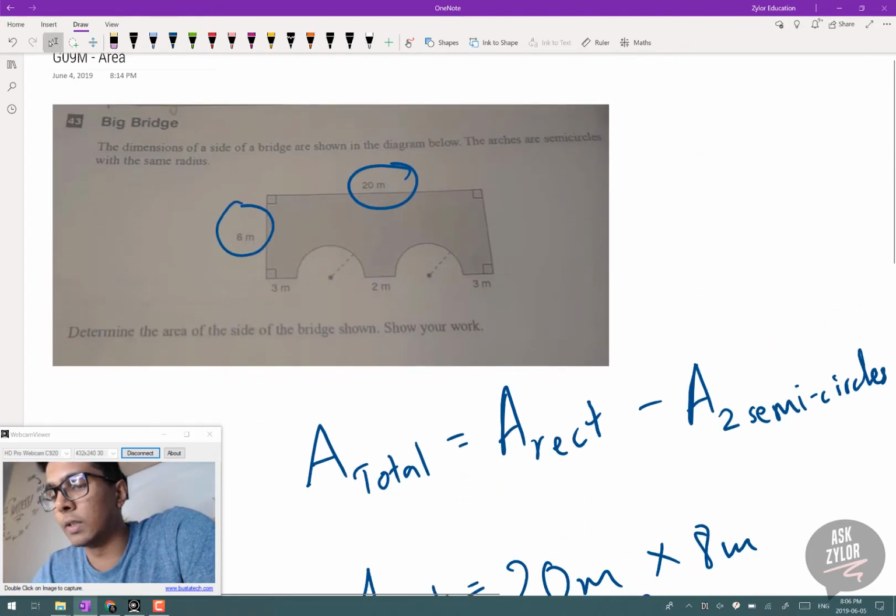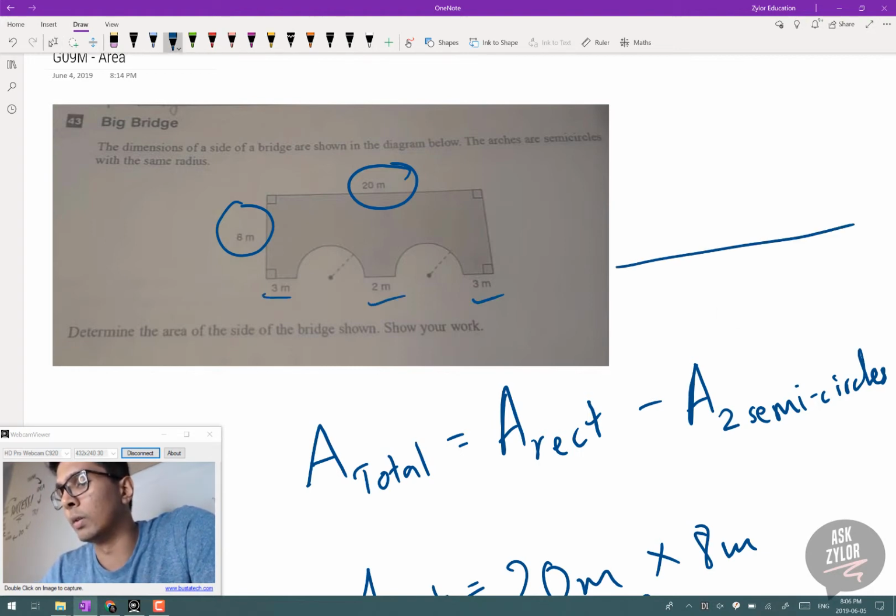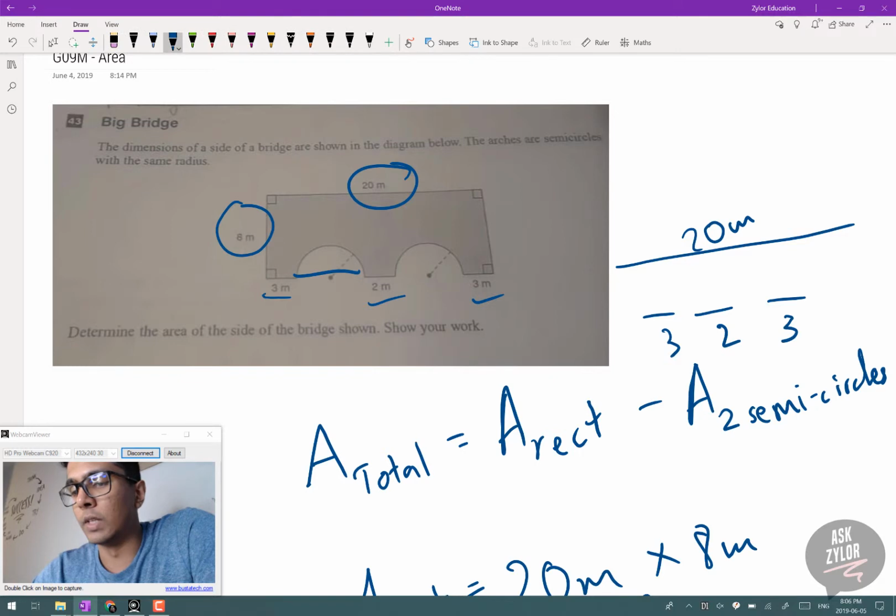So they haven't given us the radius, but we could figure that out because they've given us these dimensions, right? So the total distance is 20 meters. But they've given us 3, 2, and 3, so we can find the missing, right? So the radius, this is one diameter, this is one diameter, right?